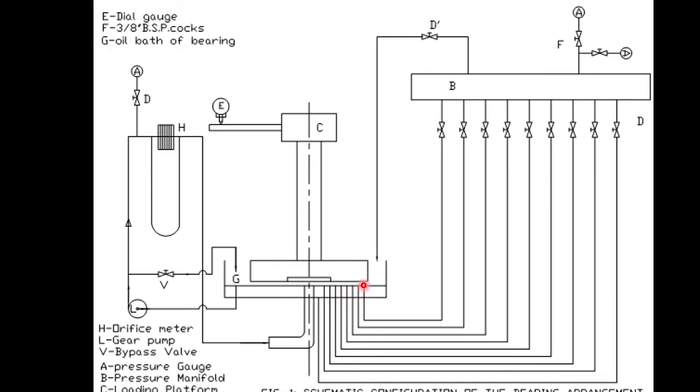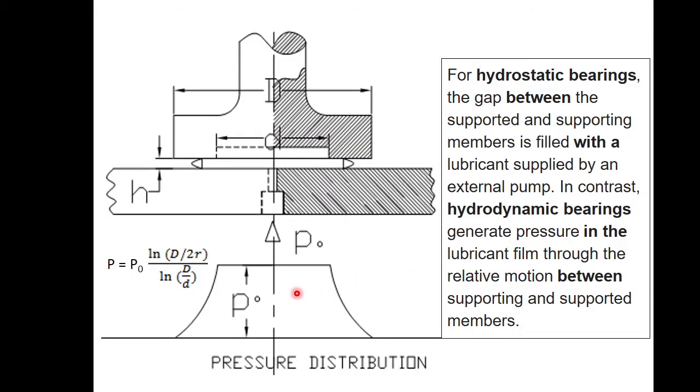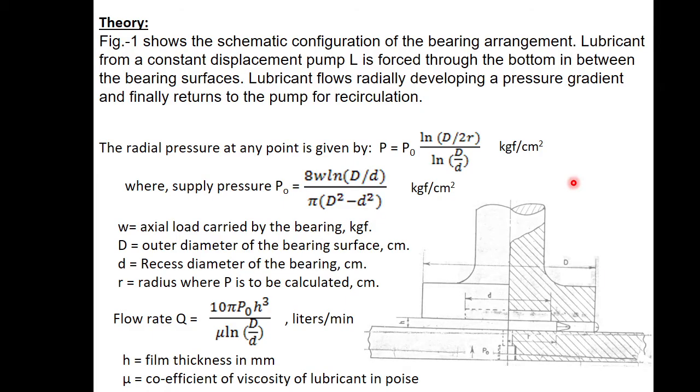So our basic hydrostatic bearing is only this part. What is hydrostatic bearing, and its relation with hydrodynamic bearing and other things, we have already discussed in the introductory part. Clear? So the theory part I won't discuss here.